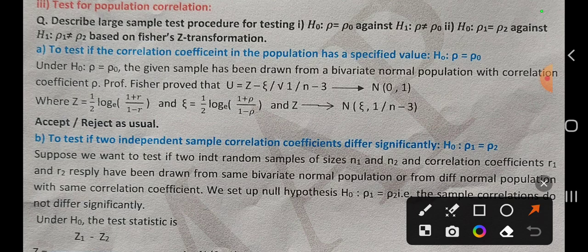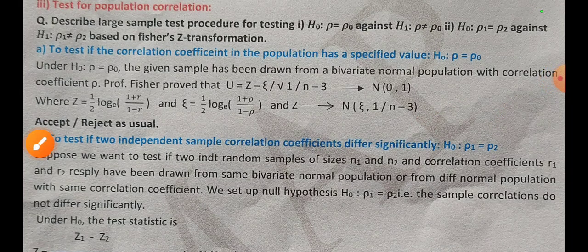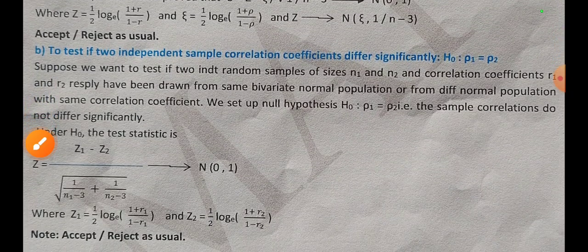Friends, the second test is to test if two independent sample correlation coefficients differ significantly. Our H naught in this case becomes rho 1 equal to rho 2. Rho stands for the population correlation coefficient. Rho 1 is the first population correlation coefficient and rho 2 is the second population correlation coefficient.